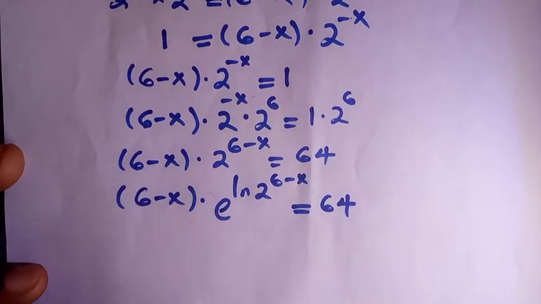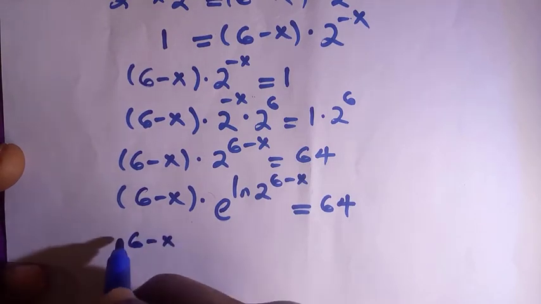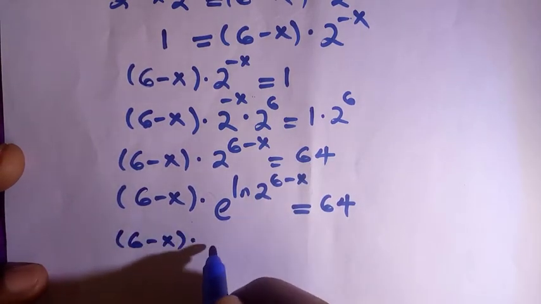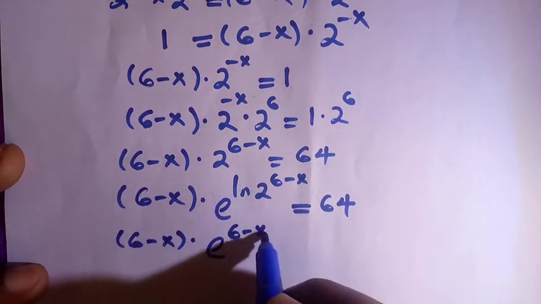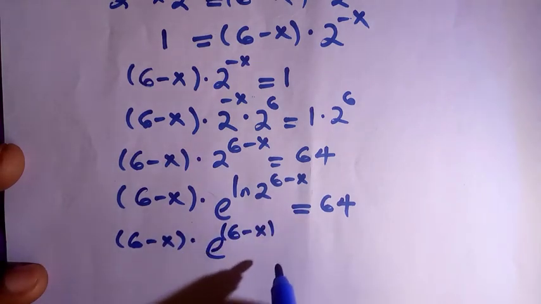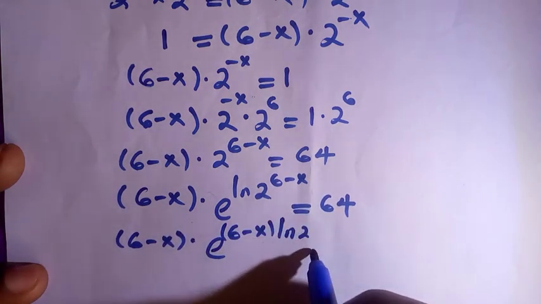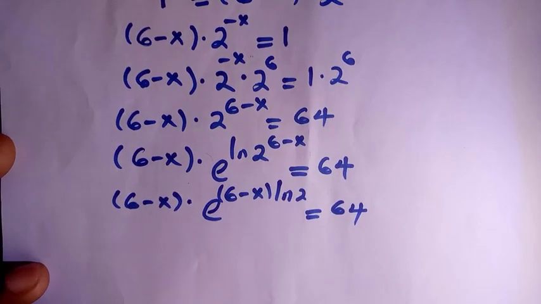Remember, exponential and ln cancel. Okay, so if I take this 6 minus x down, we have the exponential, it comes to the back of ln, then we bracket this, and we have ln 2 multiplying it equals 64.